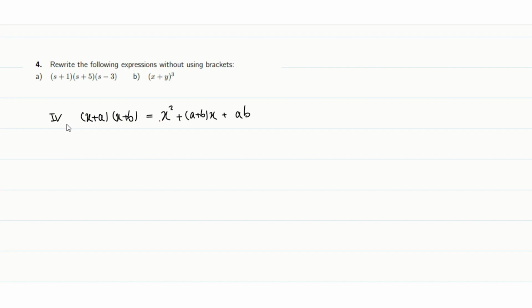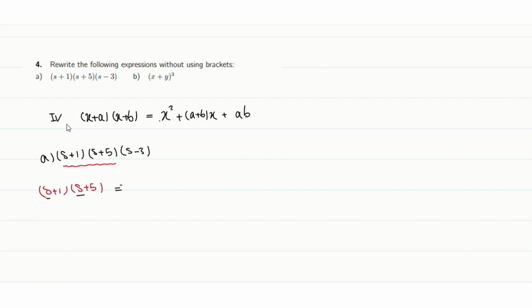So let's look at A in here. We have s plus 1, s plus 5 times s minus 3. First, we want to multiply these two parentheses in here and use this formula. So we have s plus 1 multiplied by s plus 5. As you see in here, these two s's act as an x in this formula.